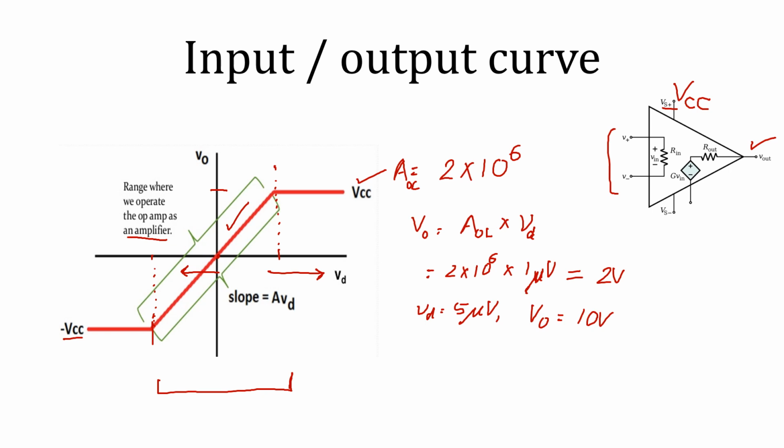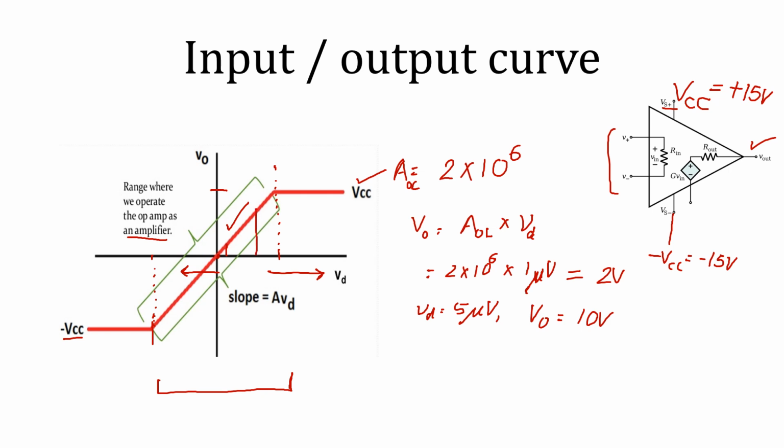Now we know usually we connect this operational amplifier at plus minus 15 volt, that is, pin 7 is plus 15 and pin 4 is connected to minus 15 volt, so minus VCC is minus 15 and plus VCC is plus 15. So now we are increasing VD.